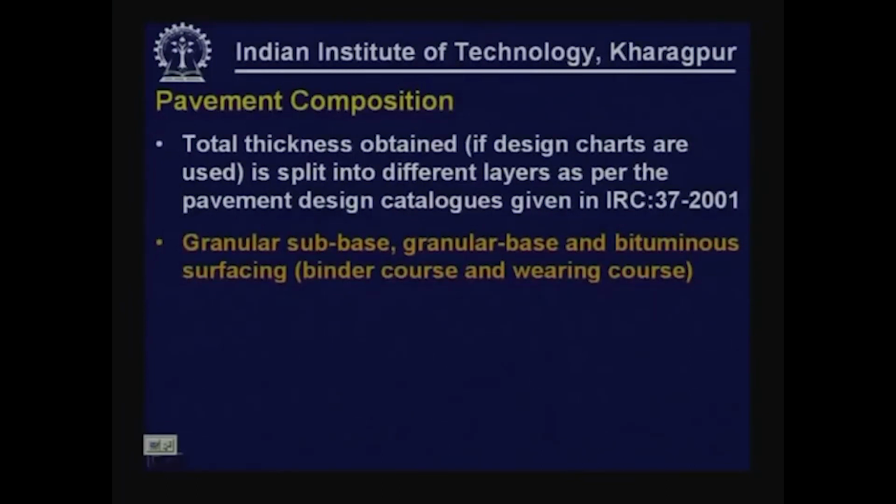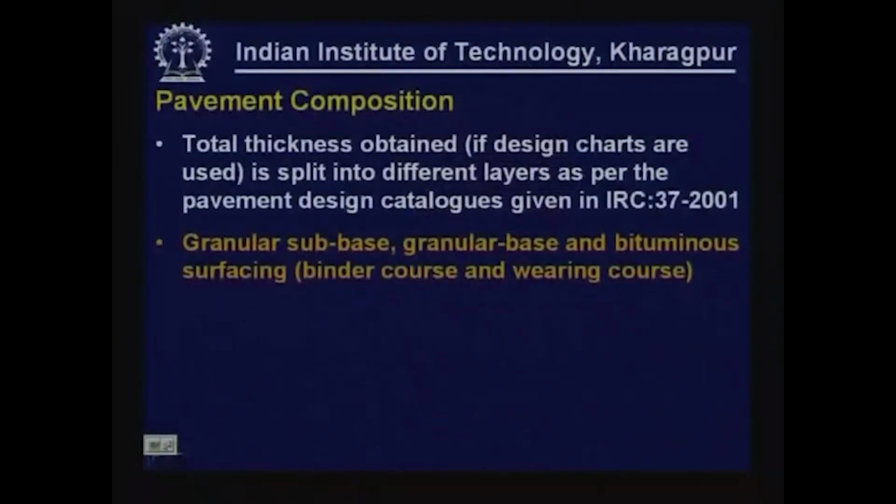Obviously that has to be split into different component layers: thickness of granular subbase, thickness of granular base, and thickness of surfacing. These are the three components into which we have to split the total thickness: granular subbase, granular base, and bituminous surfacing.